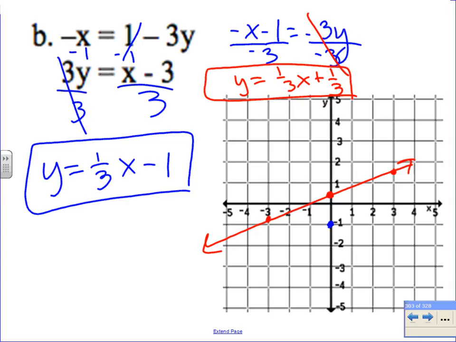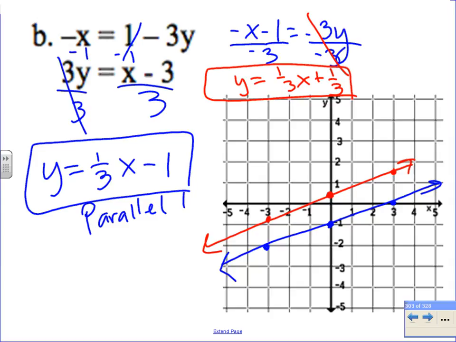So starting at negative 1, we're going to go up 1 to the right 3, up 1 to the right 3. To get the opposite point, down 1 to the left 3. Oh, that's a little crooked, but you get the point. Connect them. They should be exactly straight and exactly parallel. So these are parallel lines.